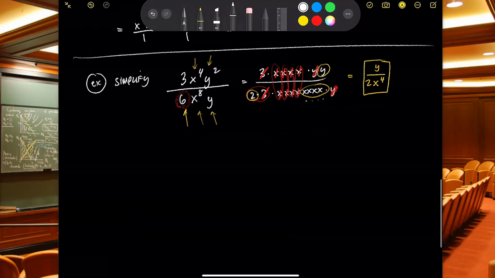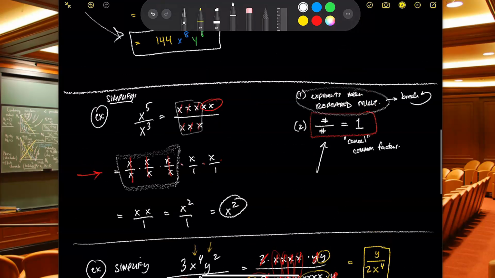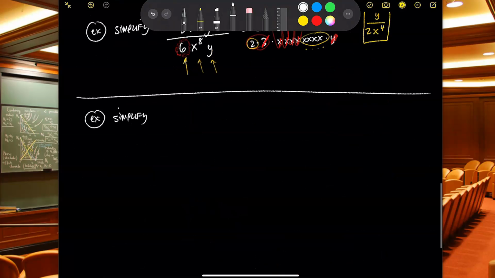I do want to highlight one thing that comes up a lot, especially with the fractions. And it's based on not remembering this part correctly. Remember, you're left with 1, not 0 when things cancel with multiplication, right?